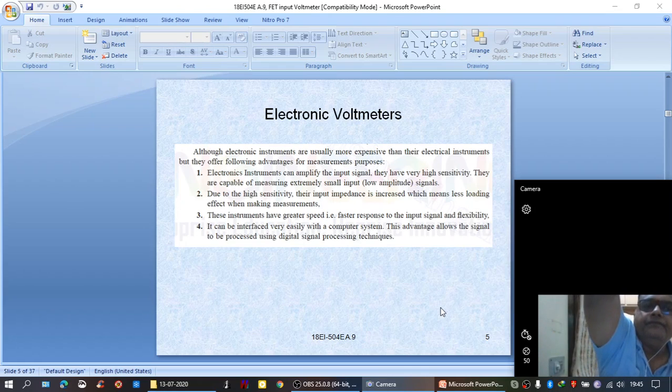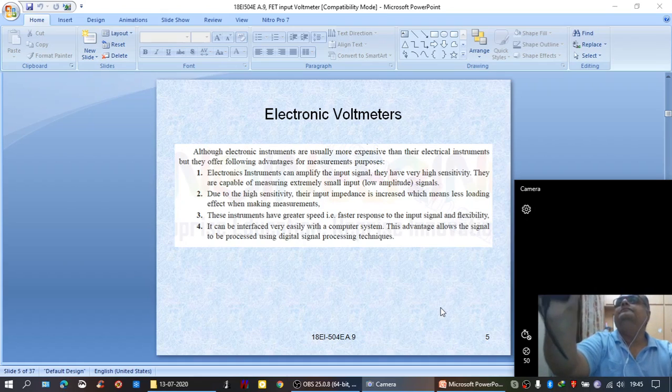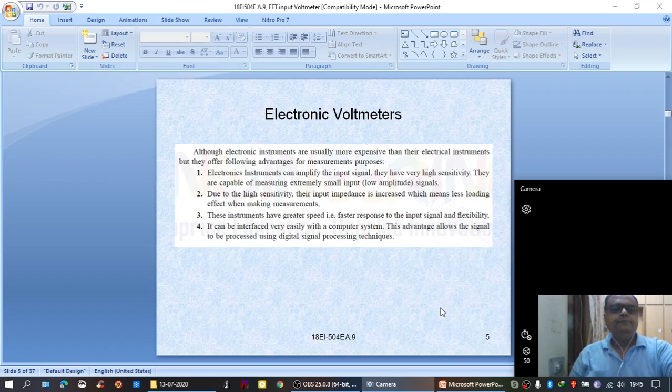First one, electronic instruments can amplify the input signal. They have very high sensitivity. They are capable of measuring extremely small input signals also. What is sensitivity of a voltmeter?